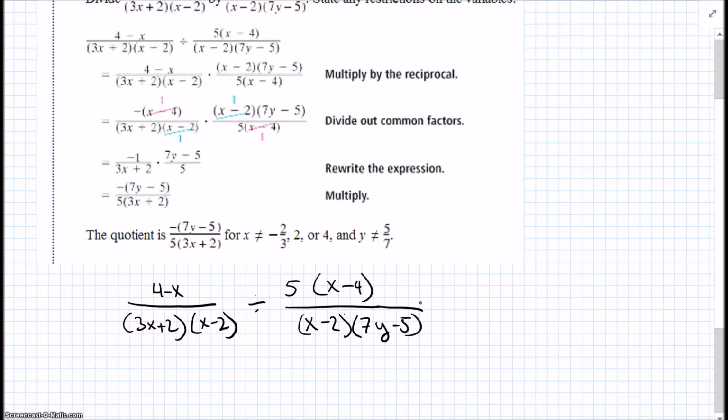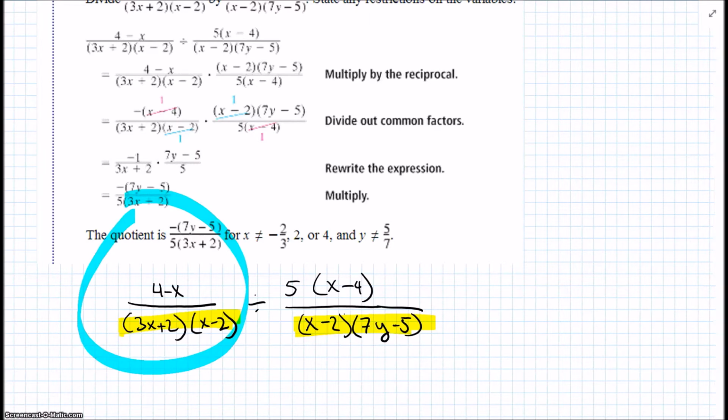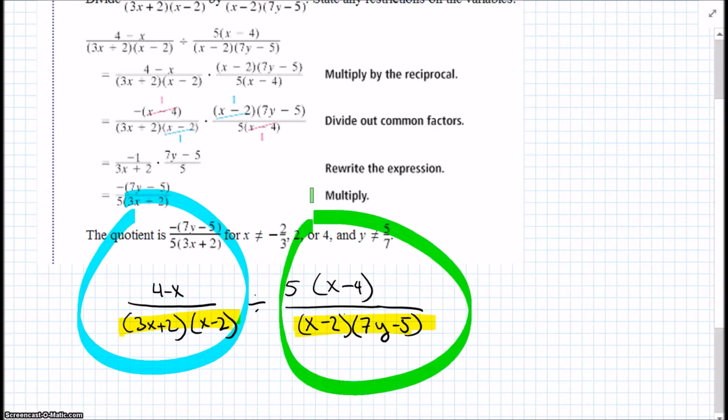So let's look at this real quick. We know right now the denominators of both terms cannot be 0. Well, since the left term, I'm going to circle in blue, is divided by this entire right term, the entire right term cannot equal 0.